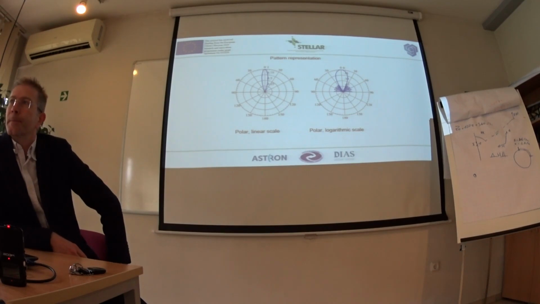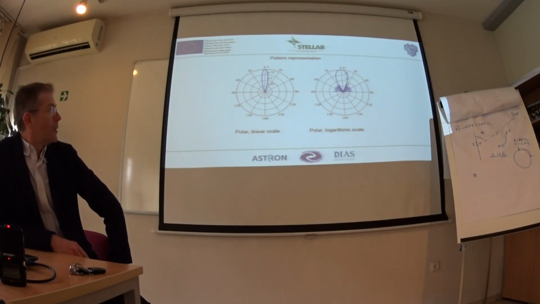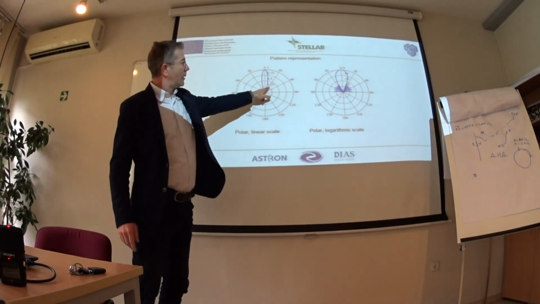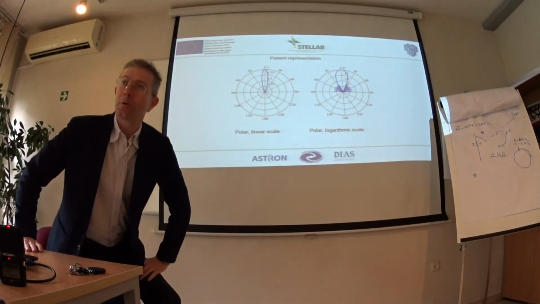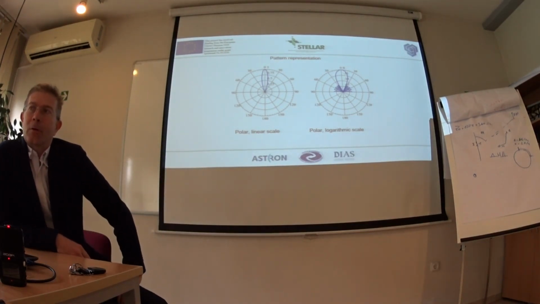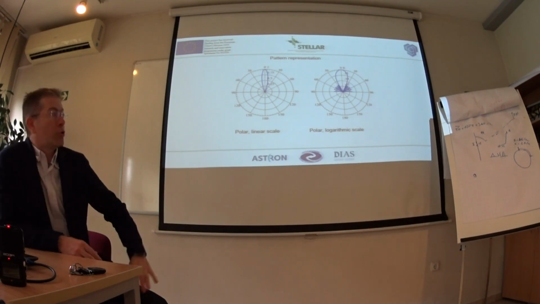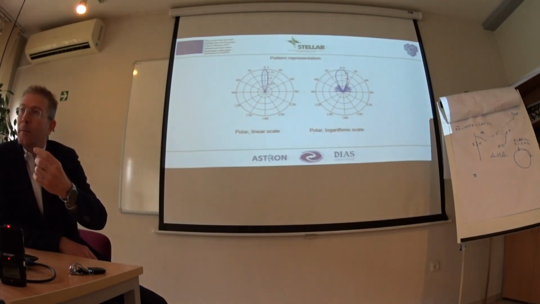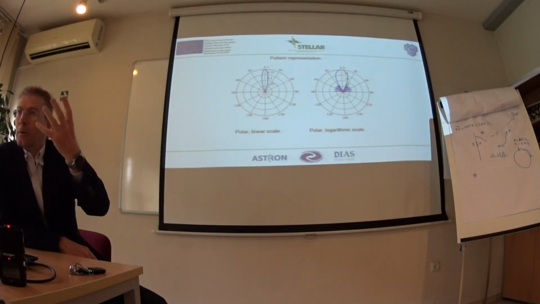But then, in this location here, our instruments detect something that we don't obviously see. And we start to ask ourselves, why do we detect something that we don't see? And then we decide to switch to logarithmic scale. The logarithmic scale makes the small things spike out.